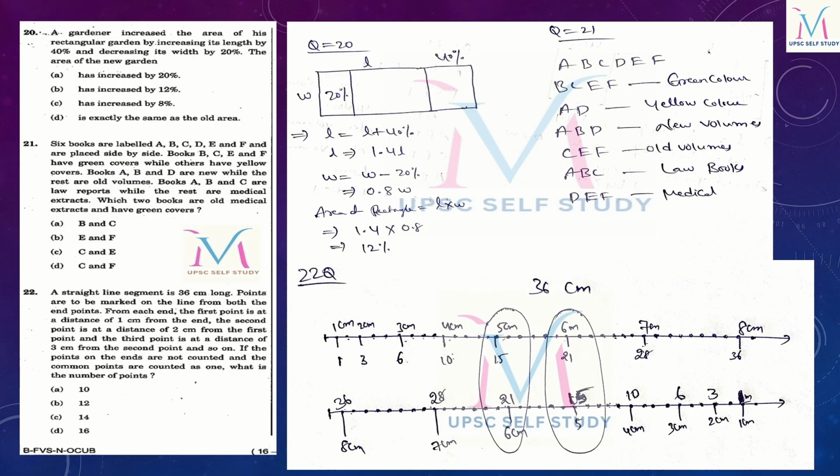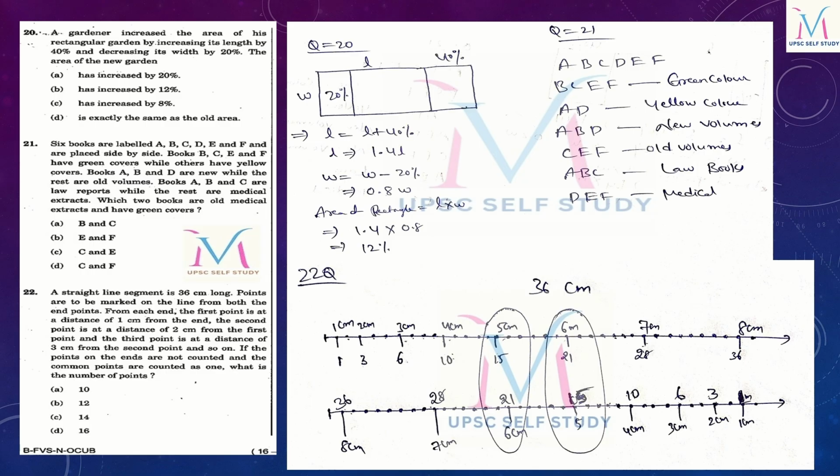And coming to question number 21. Six books are labeled A, B, C, D, E and F, placed side by side. Books B, C, E and F have green covers while the others have yellow covers.